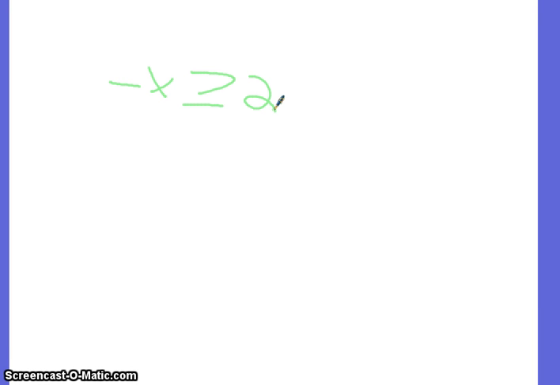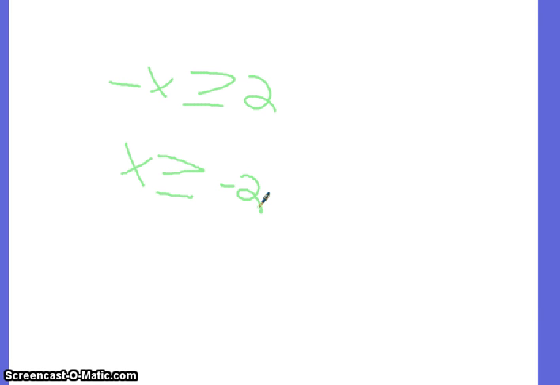To get rid of that negative, what happens to the 2? It becomes negative. But because I moved my negative across an inequality, what else do I have to do? I have to switch the sign. So now I have x is greater than or equal to negative 2.